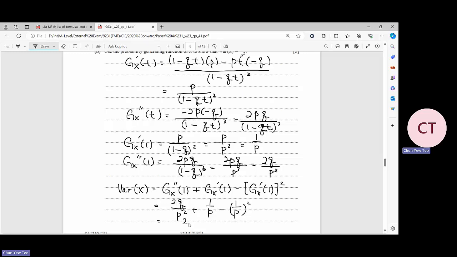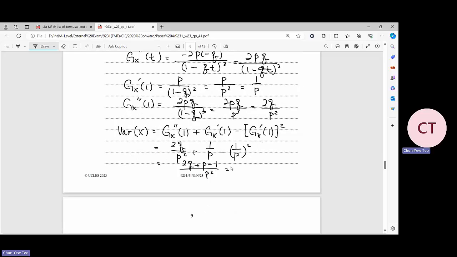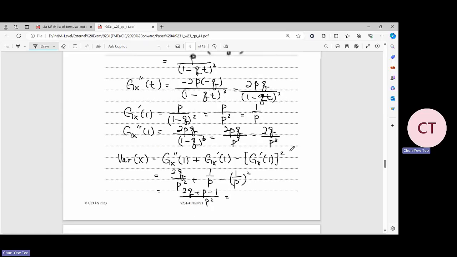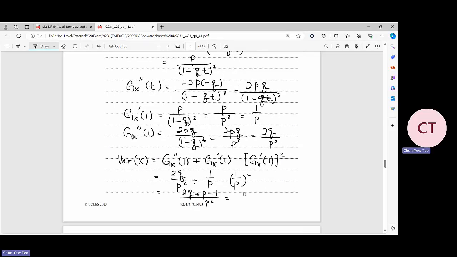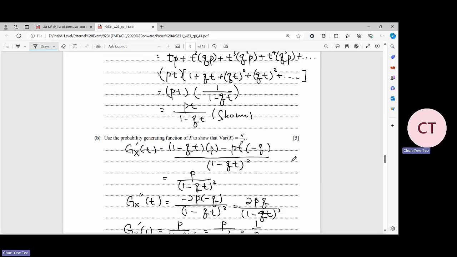Simplify it, you will get 2q plus p minus 1. So p minus 1, okay. They are looking for the q, right? So p minus 1 is actually 1 minus p, you bring the negative factor out. Then you know that this is a q. 2q minus q divided by p square. So at the end you get q divided by p square. So this is the answer shown.